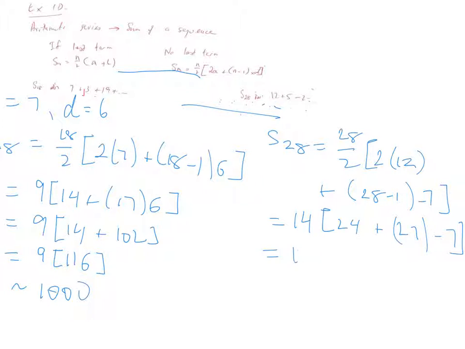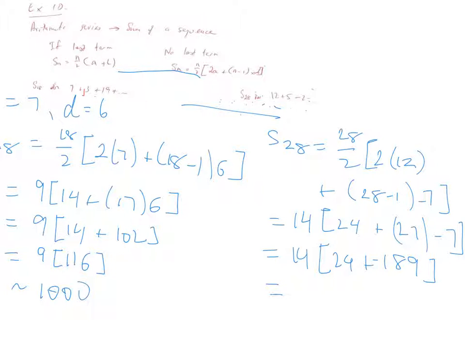And our next line will have 14, 24, plus 27 times 7 is 140 plus 49, so 189. And then from there, we end up with 14 times 24, and that's a negative 189.